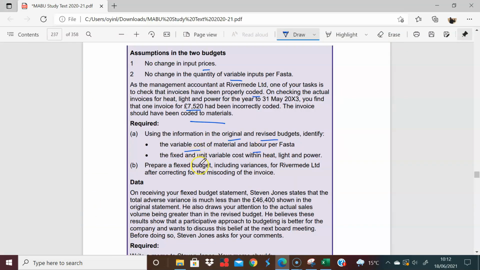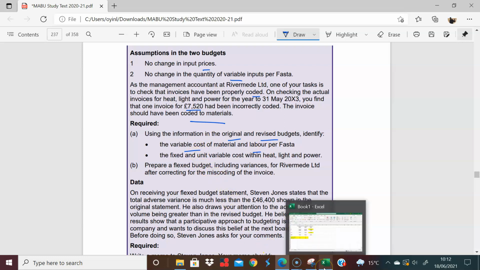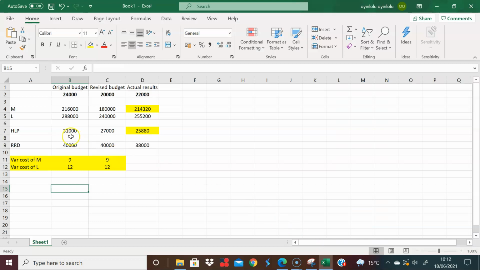It says find the fixed and unit variable cost within heat and power. Yes, well, this one is fixed, of course, because this is rent and rates. And then heat, light and power. Remember that this is semi-variable, so you have to use the high-low method. Again, here we are looking at two levels of 20,000 and 24,000. I'm sure you're all getting happier with the high-low method.